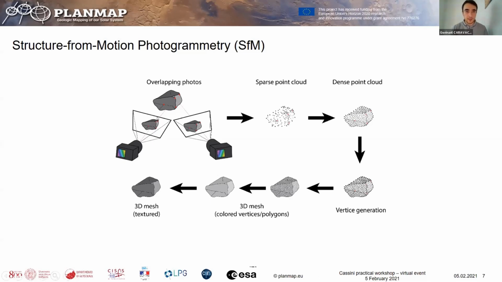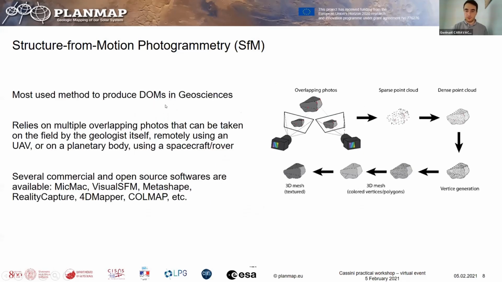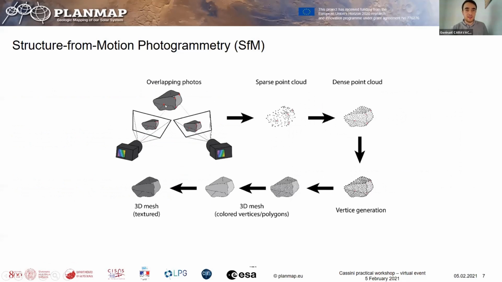So here you can see my little sample of rock, this gray rock, which has been photographed from multiple points of view. And here the software has detected 4 points, represented in red.